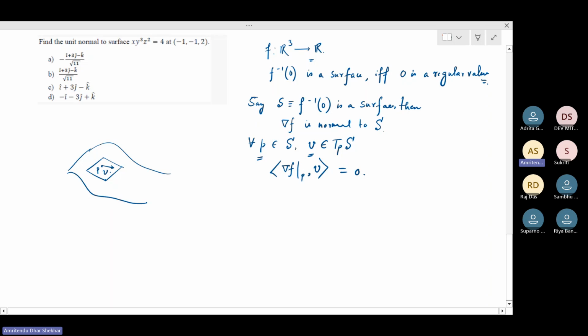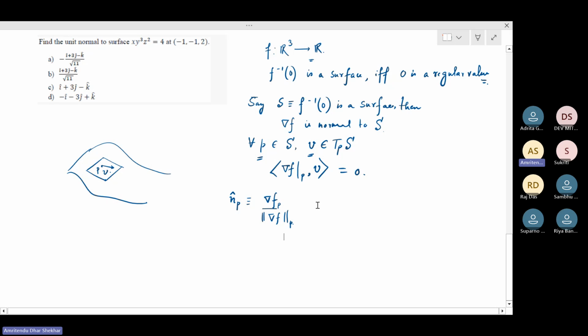Okay. So to get the unit vector at a particular point P, let's say it is NP, you can do grad of f by norm of grad of f. Okay. Right.